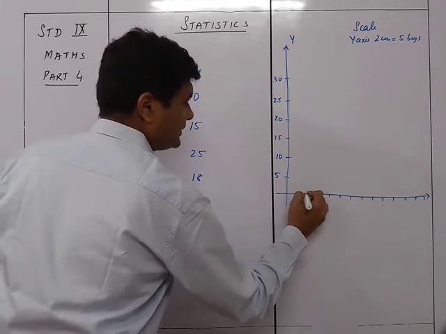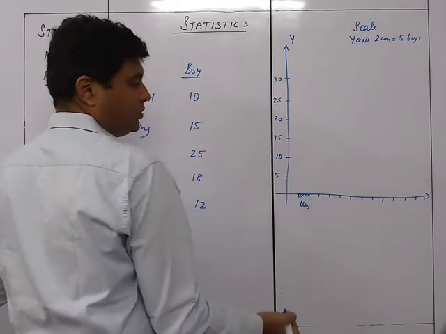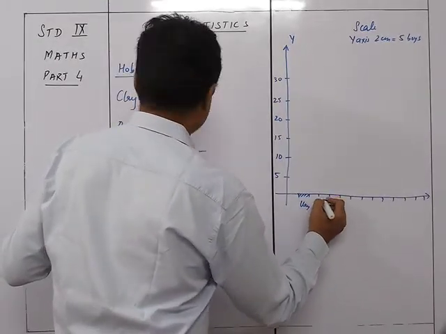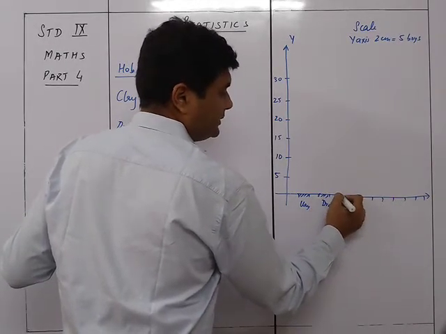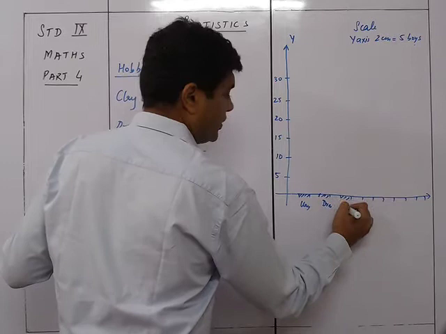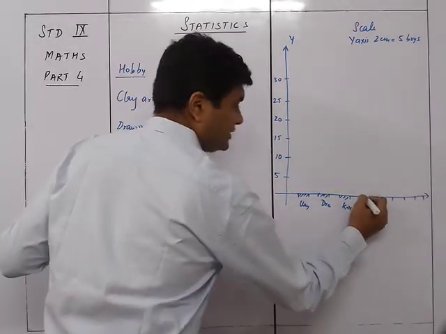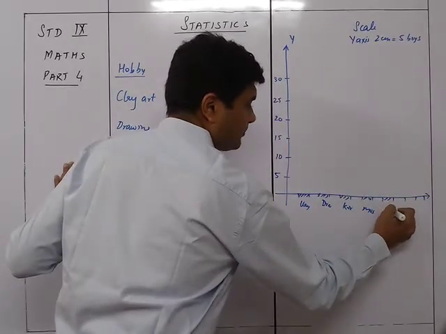This much area is clay. Then I leave some space because I may need to add something later, we'll see. Clay, then drawing. This is drawing. This much area will be karate. You are not going to shade this, I'm just showing you. This is karate. This one is music, and this one is swimming.